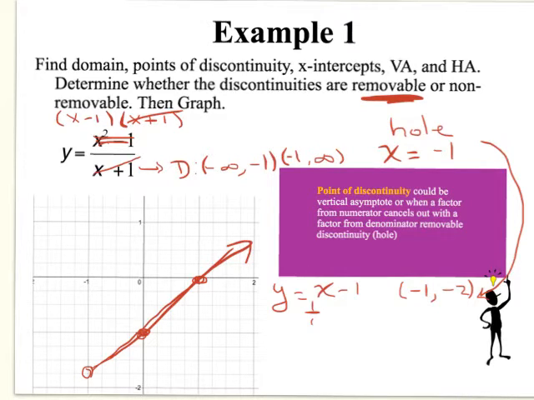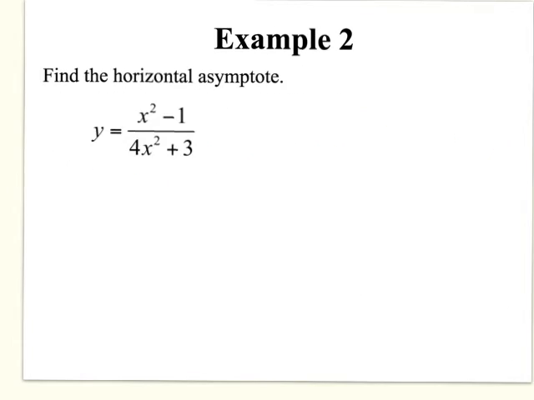Let's take a look at the next example. In this example here, it's asking for the horizontal asymptote. But once again, if you refer back to your foldable, notice the degrees. I have 2 over 2. Well, since 2 equals 2, that means they're equal. And because they're equal, according to the foldable, you look at the coefficients.